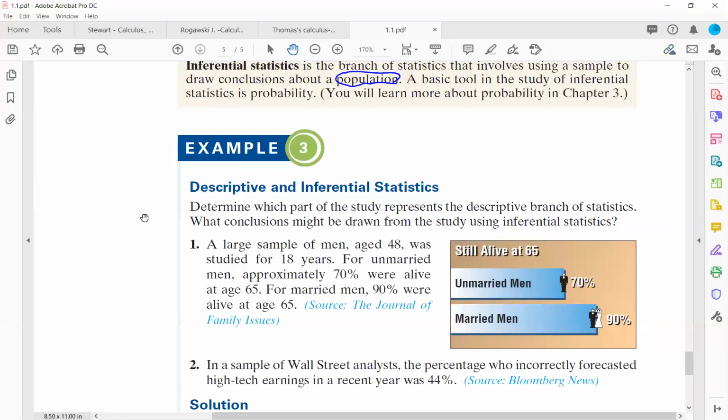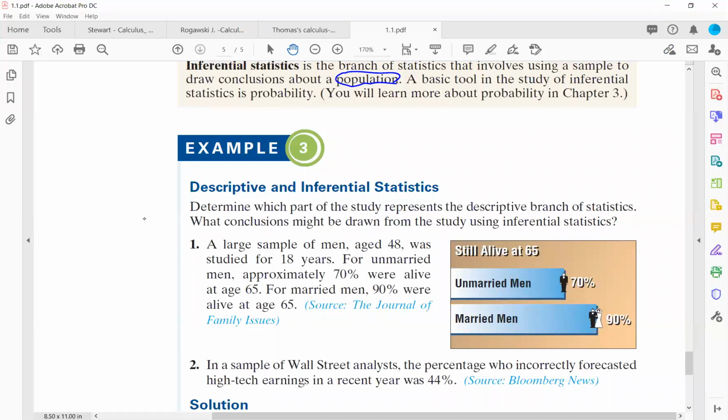Take a look at this example, descriptive and inferential statistics. Determine which part of the study represents the descriptive branch of statistics. What conclusions might be drawn from the study using inferential statistics? The first one says, a large sample of men aged 48 was studied for 18 years. For unmarried men, approximately 70% were alive at age 65.